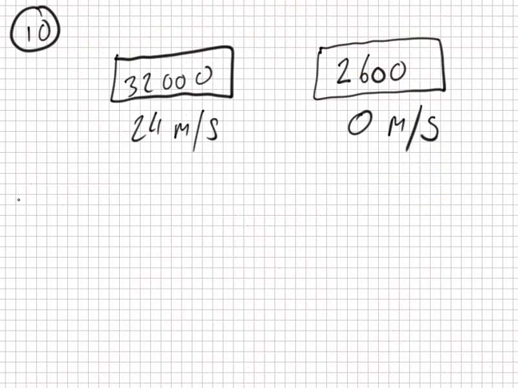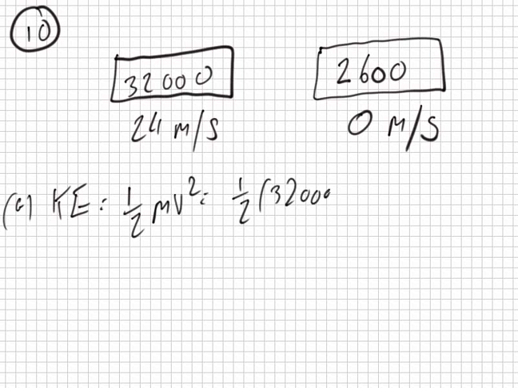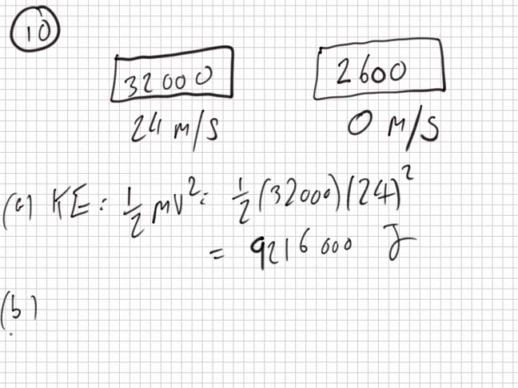So part A. Remember the formula for kinetic energy? A half mv squared. A half times 32,000 times 24 squared, which is 9,216,000 joules.